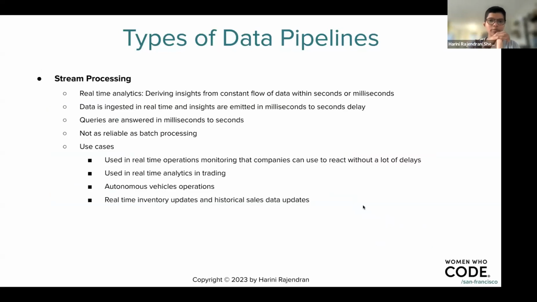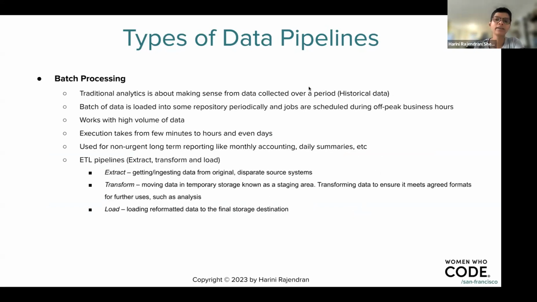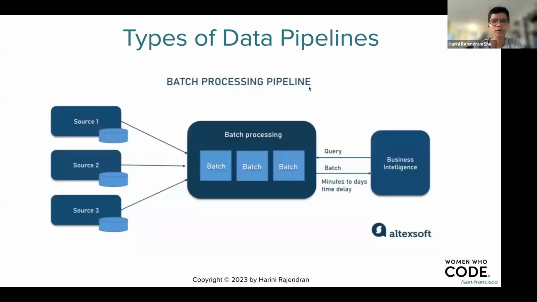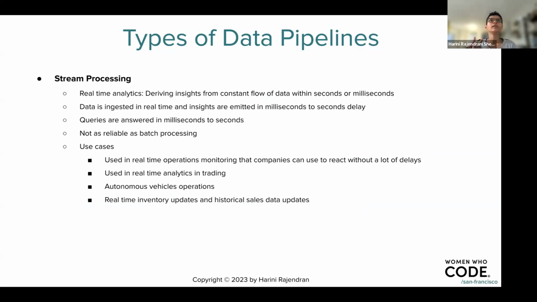The other type of data pipeline is called stream processing. In batch processing, we saw that data is collected over a period historically, it could be daily or monthly or whatnot, and then loaded into some staging area and then transformed, right? But stream processing is real-time analytics.